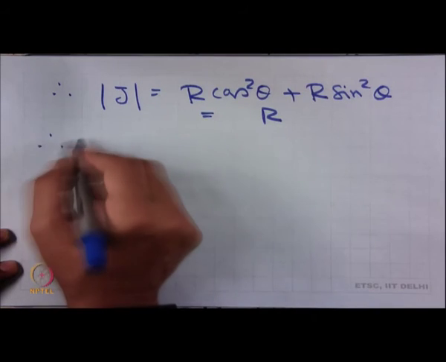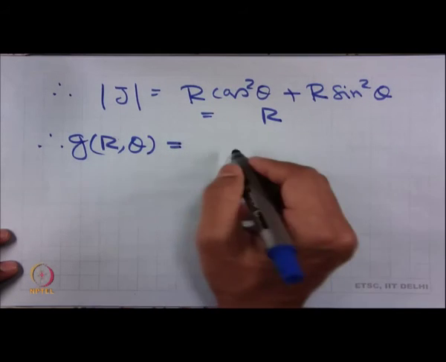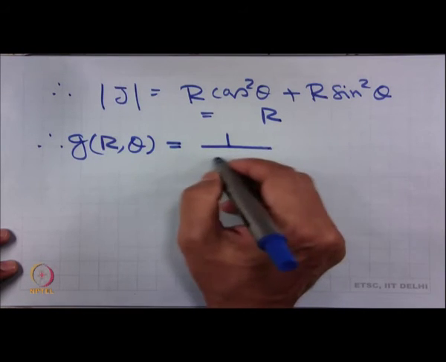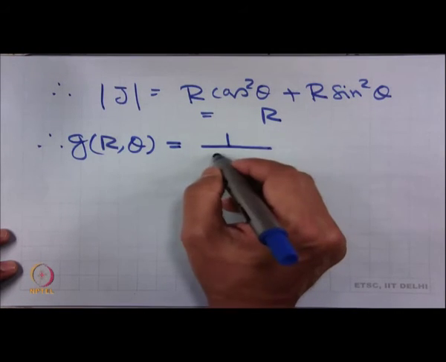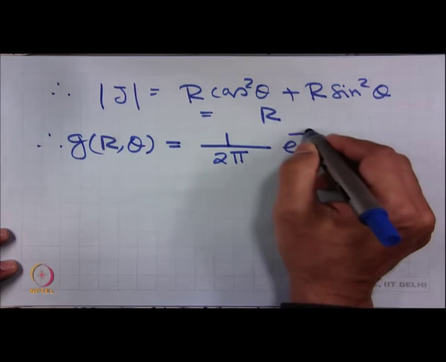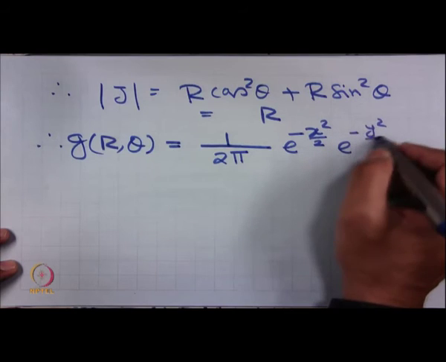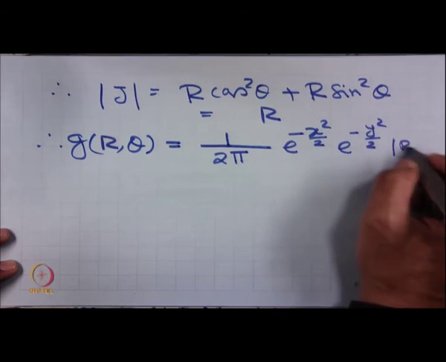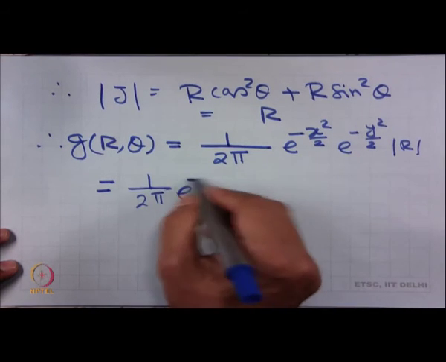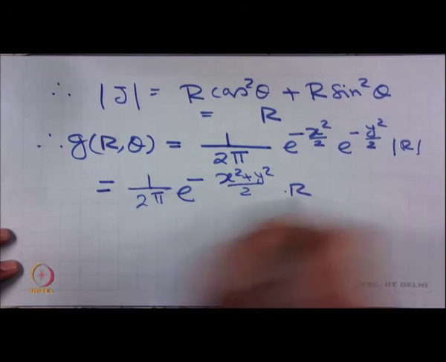Therefore, the joint PDF of r theta is equal to, since x and y are independent, we can write the distribution as the product of their individual densities, which is equal to 1 over 2 pi e to the power minus x square plus y square by 2 into r.